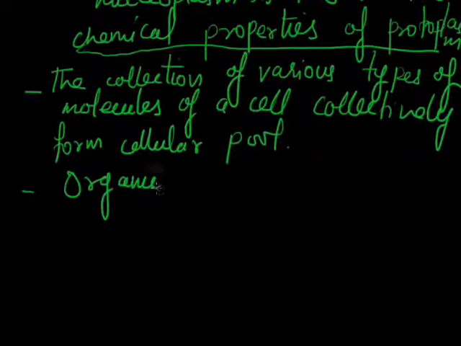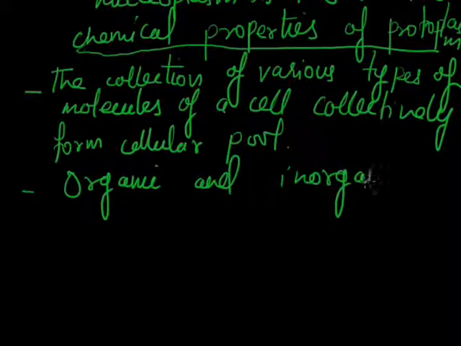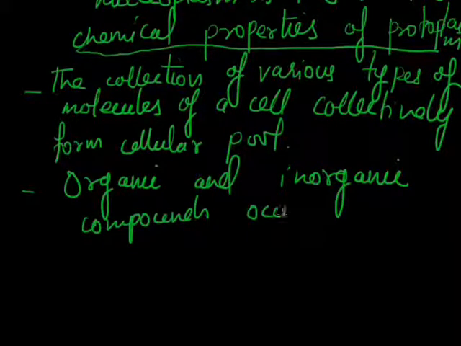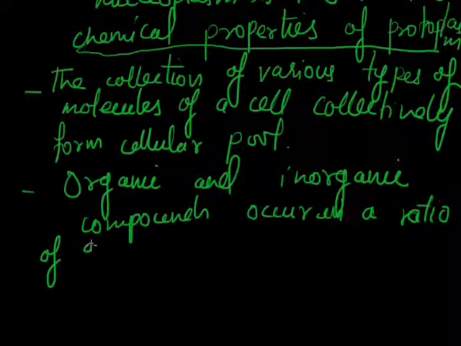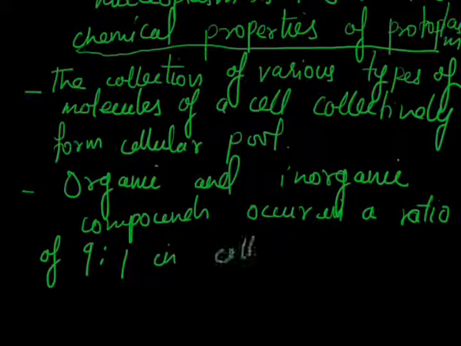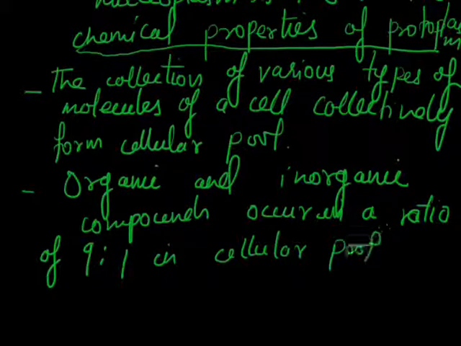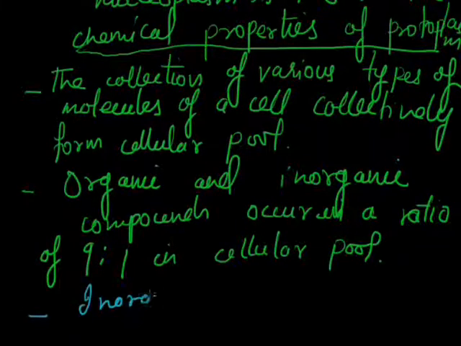Organic and inorganic compounds occur in a ratio of 9:1 in cellular pool. First, we will discuss the inorganic compounds.